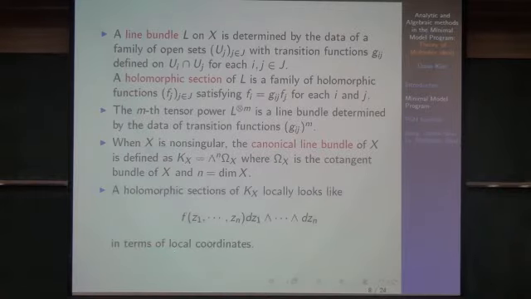We can think of holomorphic sections of this line bundle Kx to be locally holomorphic functions times the differential form dz1 through dzn.